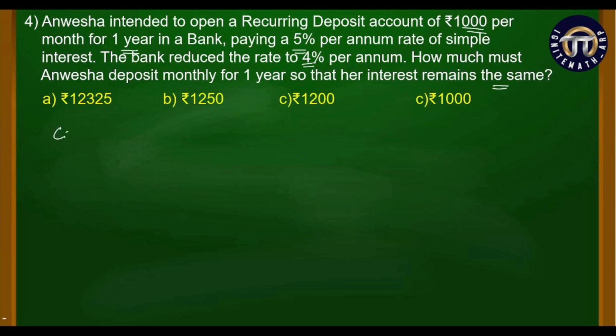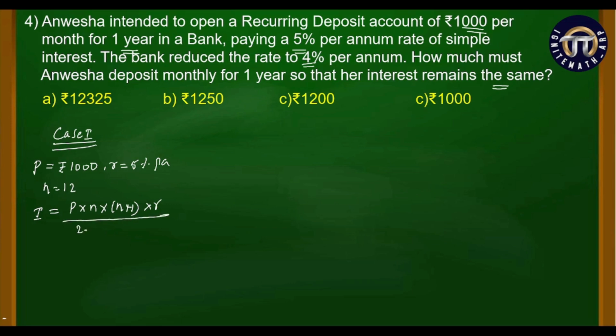So now I will just take it as case 1. In case 1, principal is equal to ₹1,000. Rate of interest is 5% per annum, and n is going to be 12. So we know the formula. I is equal to P into n into (n plus 1) into R divided by 2 into 12 into 100.